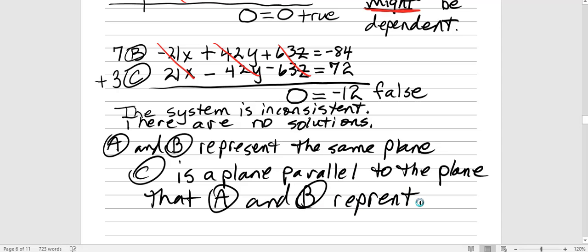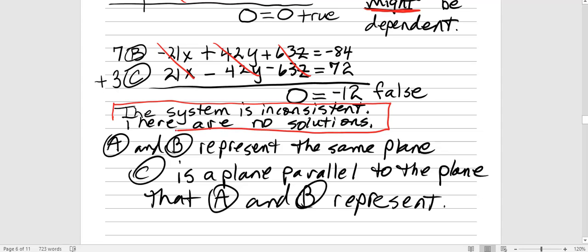So parallel planes never are going to intersect. So the overall conclusion here is that the system is inconsistent.